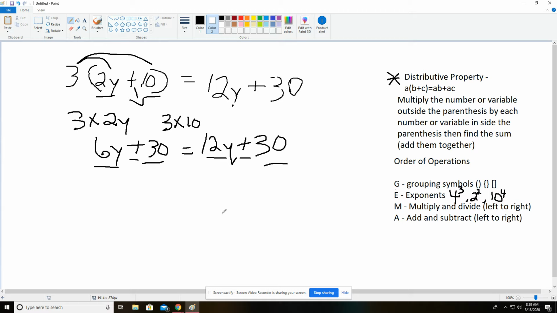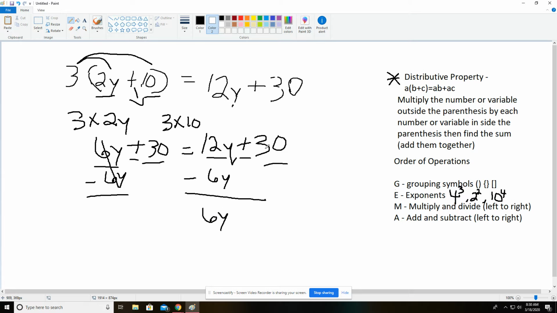If you wanted to take it further, remember you do not have to do this, but this is just kind of an extension. You would have to subtract 6y from this side and the other side, which would cancel. And if I subtract 12y from 6y, I'm left with 6y.